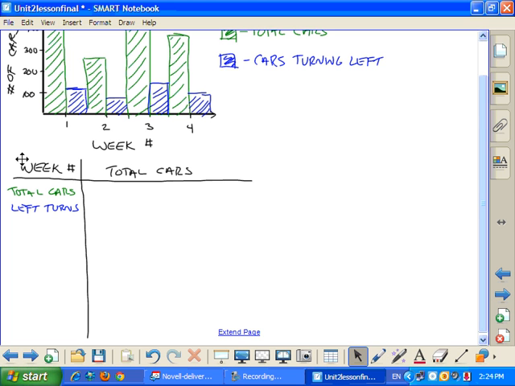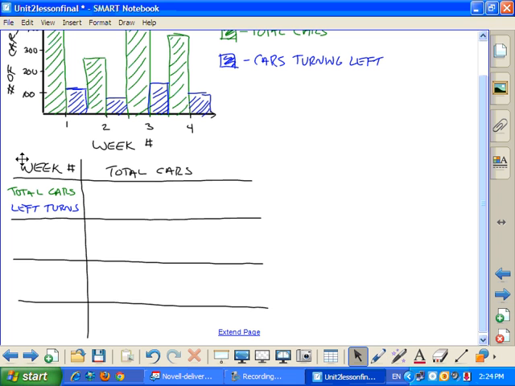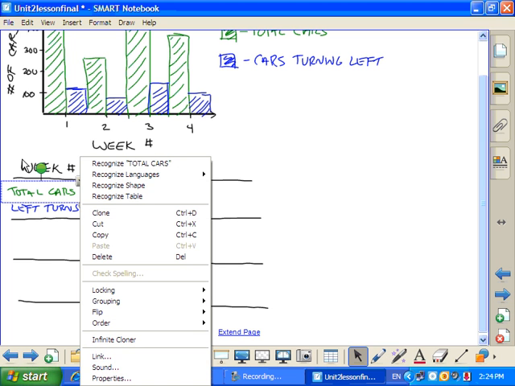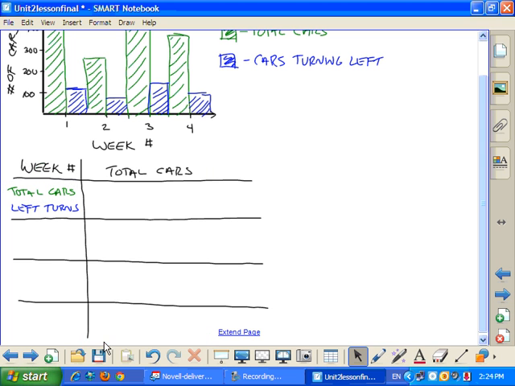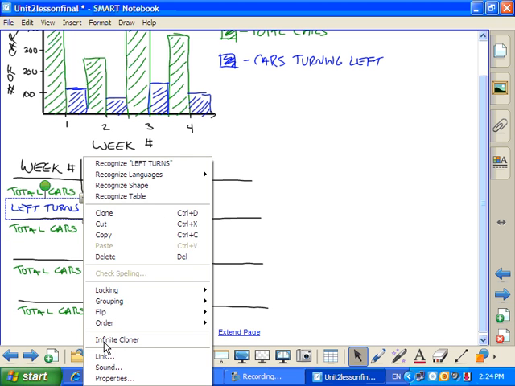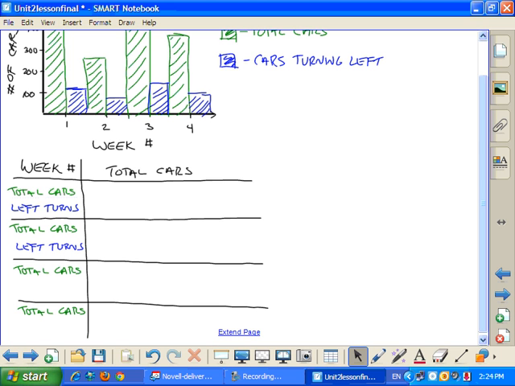A line across, and you've got your 4 weeks to do. On total cars, total cars, total cars, draw around there. And then you can draw pictures of cars here.